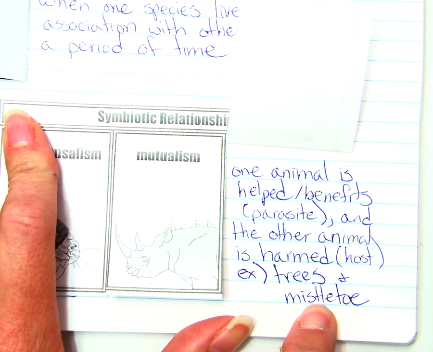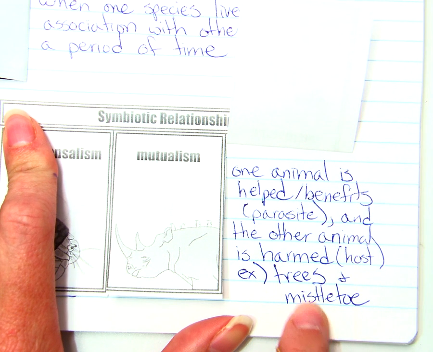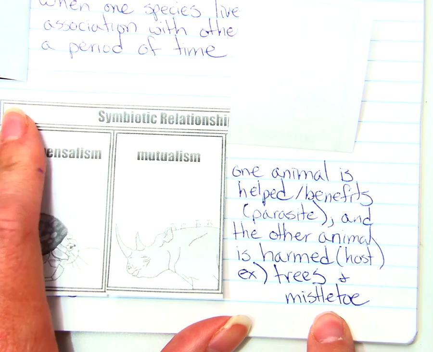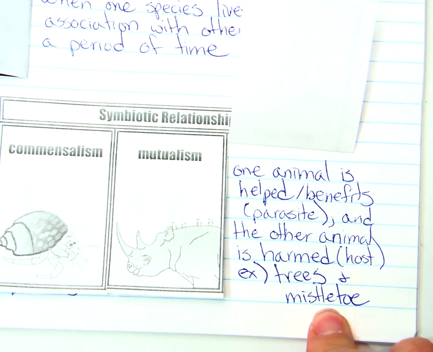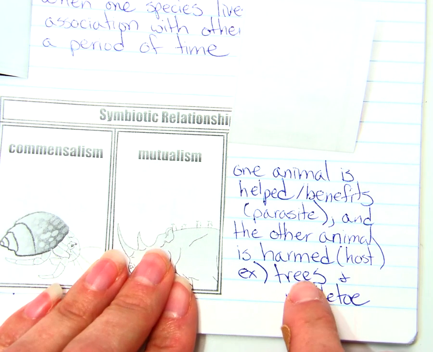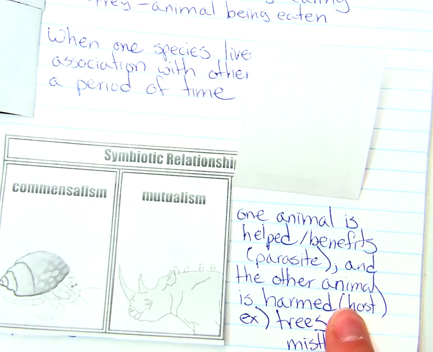Mistletoe is the parasite. In the fall here in a couple months, when trees start to lose their leaves, you'll see big balls of green still hanging up in the tree. That's the mistletoe. Its roots, instead of going into the ground like a normal plant, go into the branches of the tree and suck water and nutrients out of the tree. So mistletoe is the parasite, tree is the host.